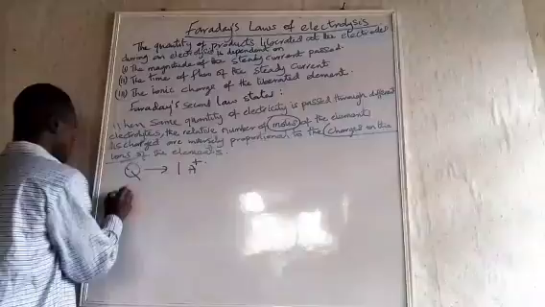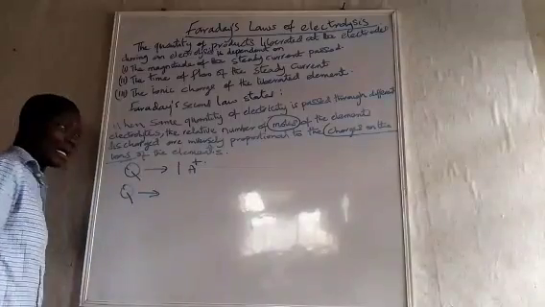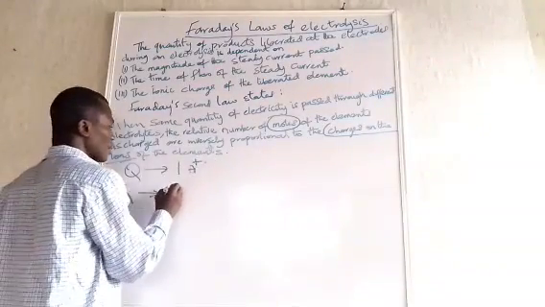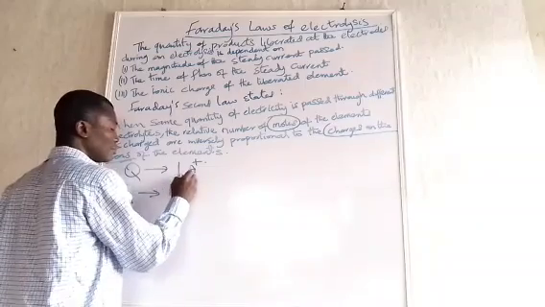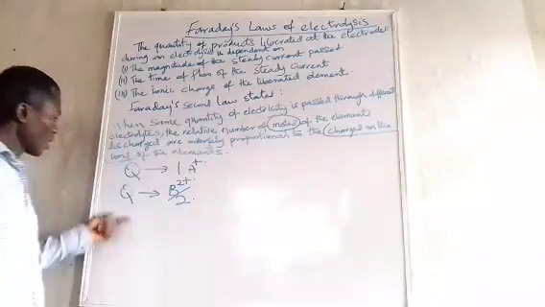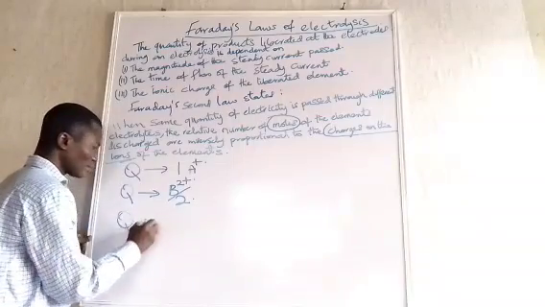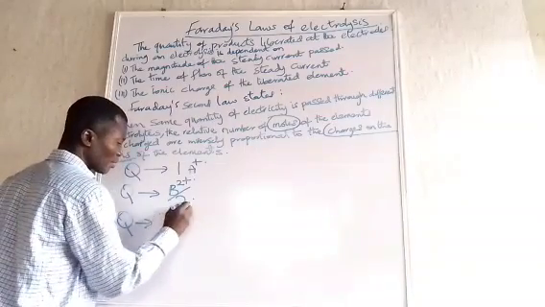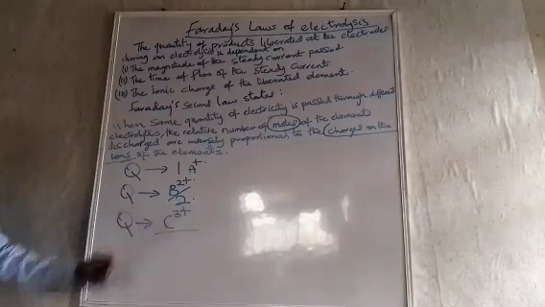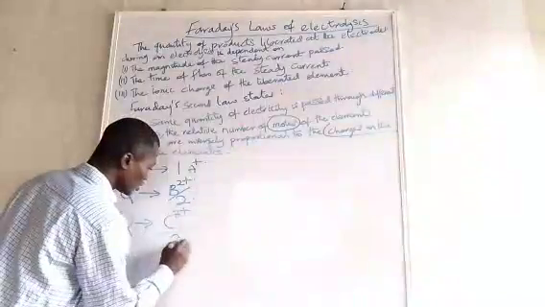It means that if we pass this same charge quantity through this, it's going to give us half. If we pass it through the one with 3, you understand? Trivalent. It's going to give us 1 over 3.